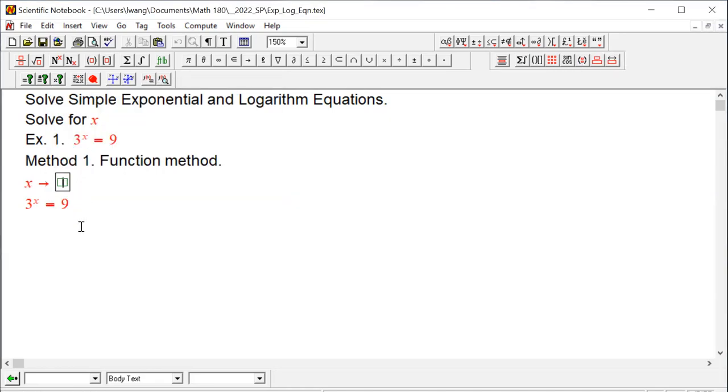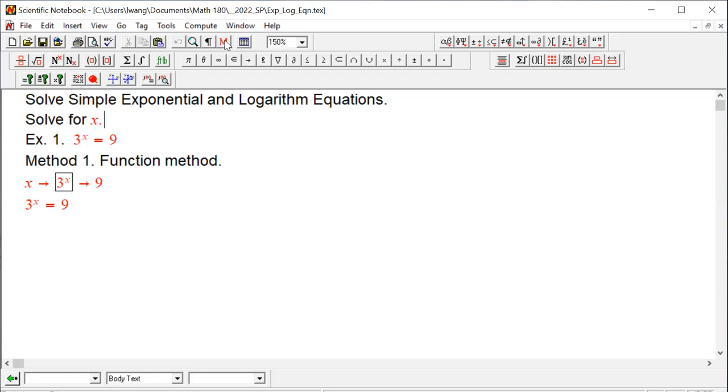The input is going to be a power of 3, so the rule of the function is 3 to the power x, and the output is 9. That's what it means. So this is actually an if statement.